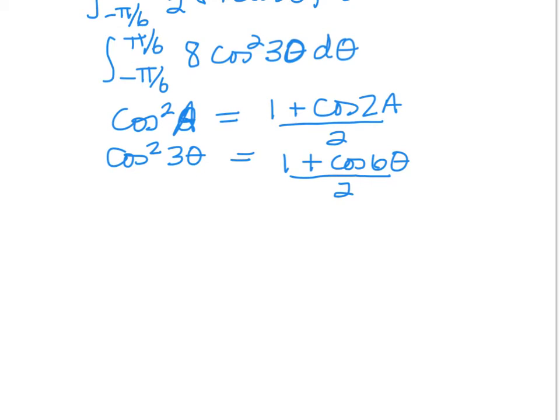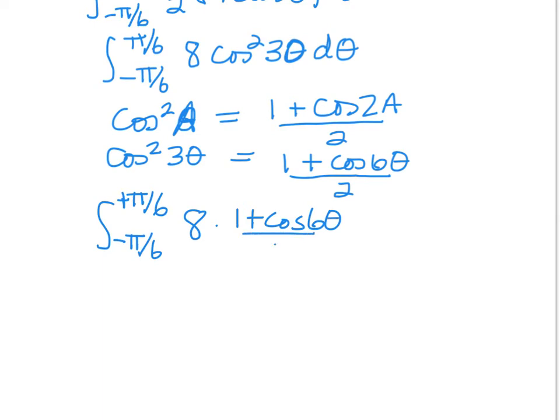So we're integrating from negative pi over 6 to pi over 6, 8 times 1 plus cosine of 6 theta over 2 d theta.